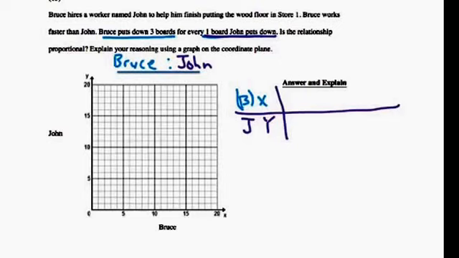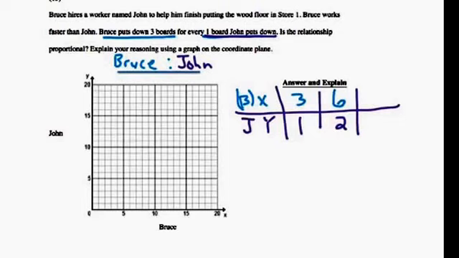So what we see is for every 3 for Bruce, 1 for John. And that would continue. When Bruce puts down 6, John has put down 2. So this could continue. Could say 9 for Bruce, and then John would be 3.